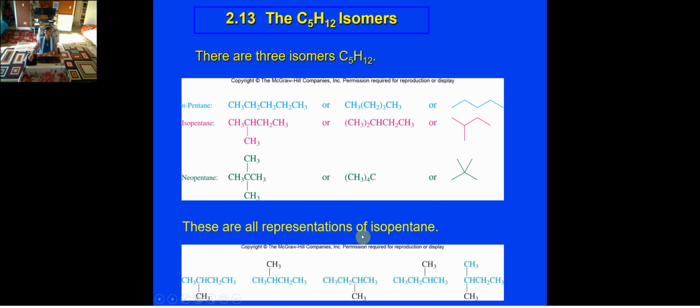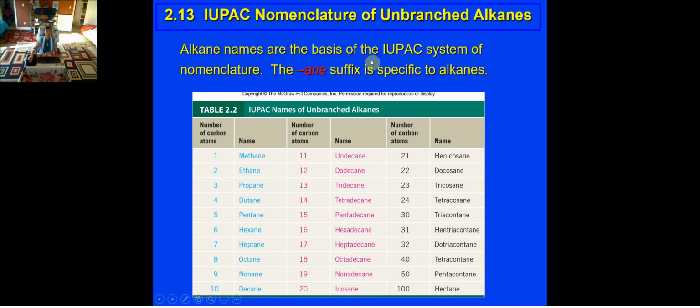All of these 3 different isomers are representing your C5H12 pentane. So again, depending on the different numbers, the IUPAC system can have different isomers for that particular structure. So how do we name the unbranched alkane?